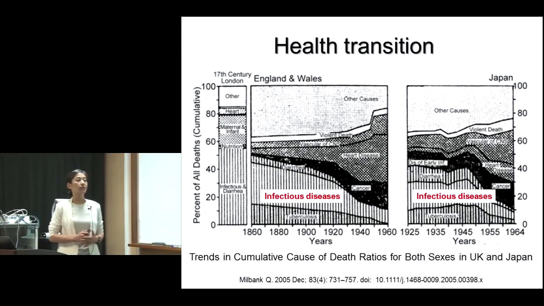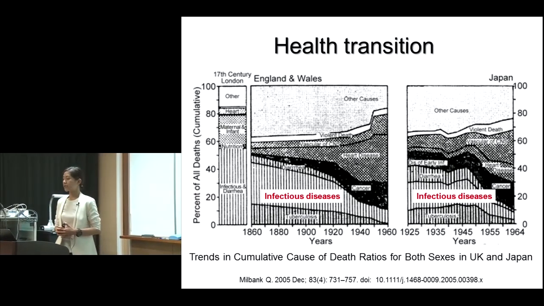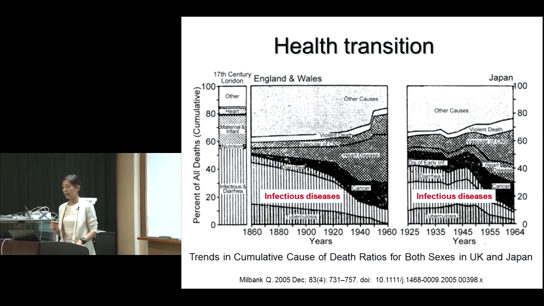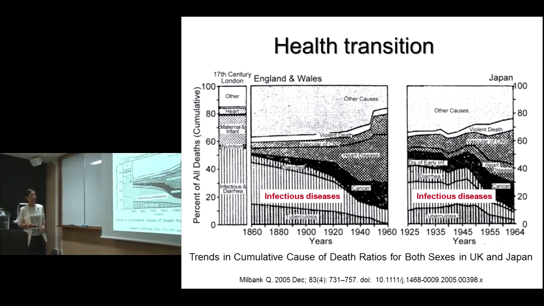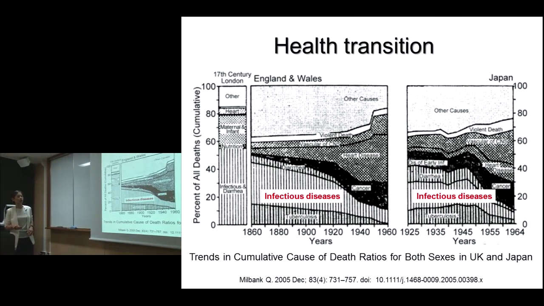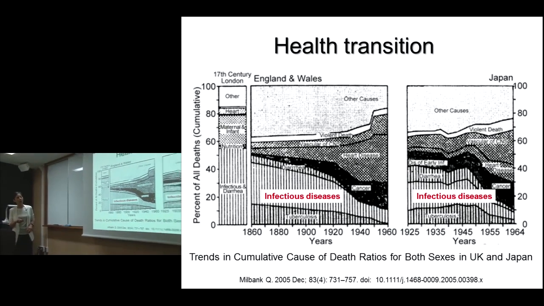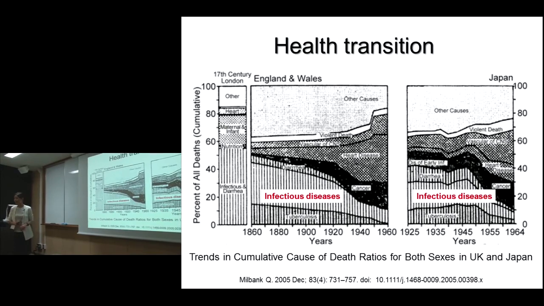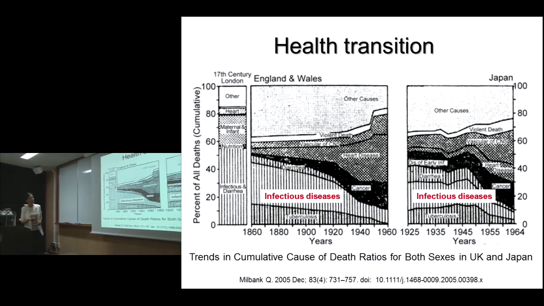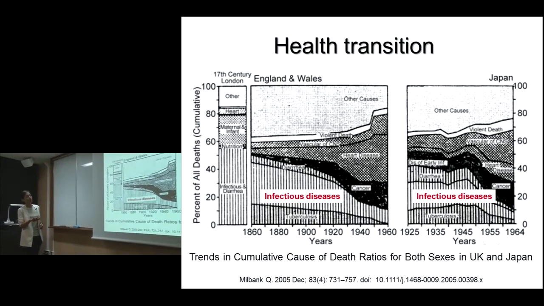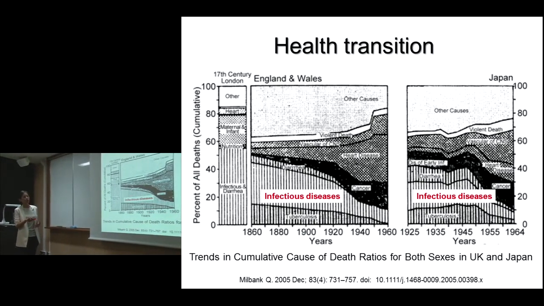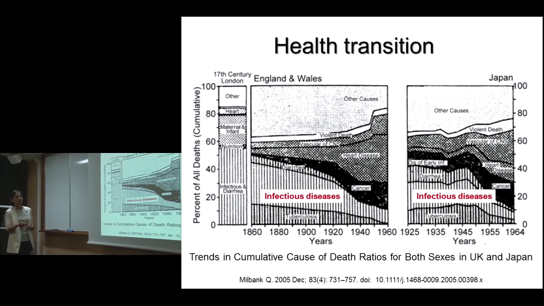This achievement in public health is also true in other parts of the world. As shown here in the figure, the trend in cumulative cause of death ratios in both sexes in the UK here and Japan on the right side of the slide. So as we can see, infectious diseases were declining tremendously.